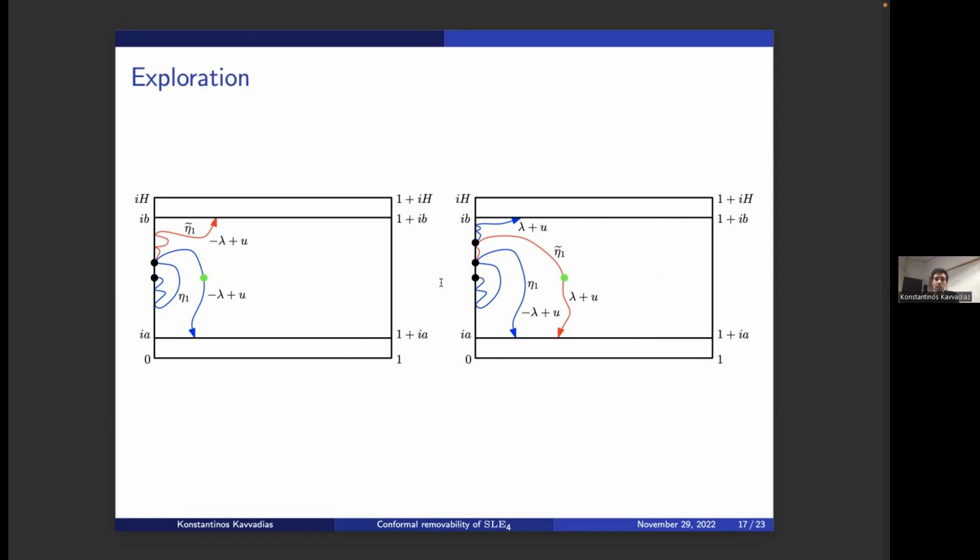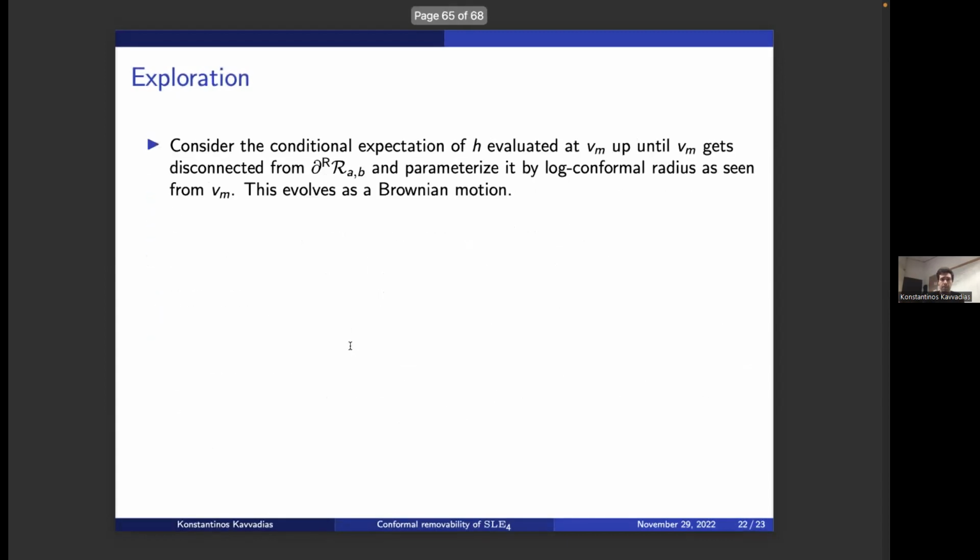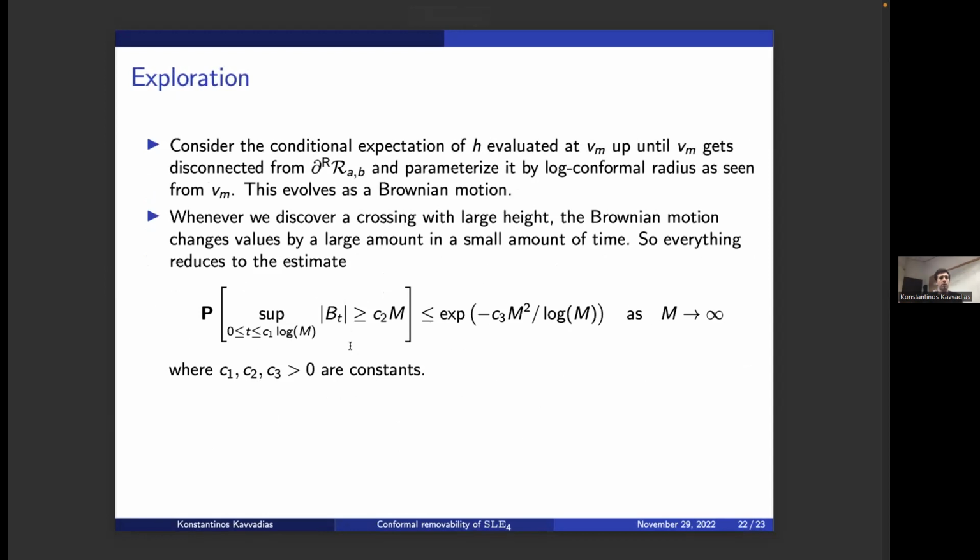Therefore, eventually, we will obtain either that picture here or that picture here. That means that the first stage of exploration is well defined. And using that argument again, we prove that the exploration terminates almost surely.